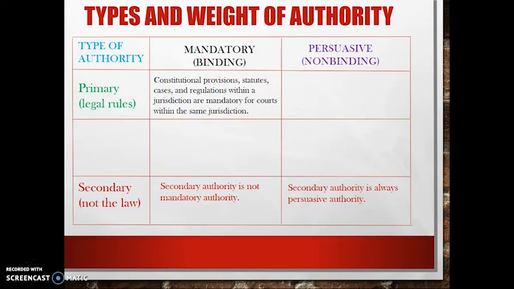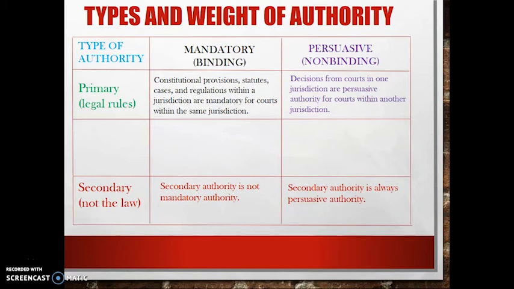But if a Florida court is considering a Florida issue and consults a Georgia opinion, that Georgia opinion is from a different jurisdiction. Accordingly, that Georgia opinion is non-binding on the Florida court, meaning the Florida court can choose to follow it or it can reject it. So decisions from courts in one jurisdiction are persuasive authority for courts within another jurisdiction.